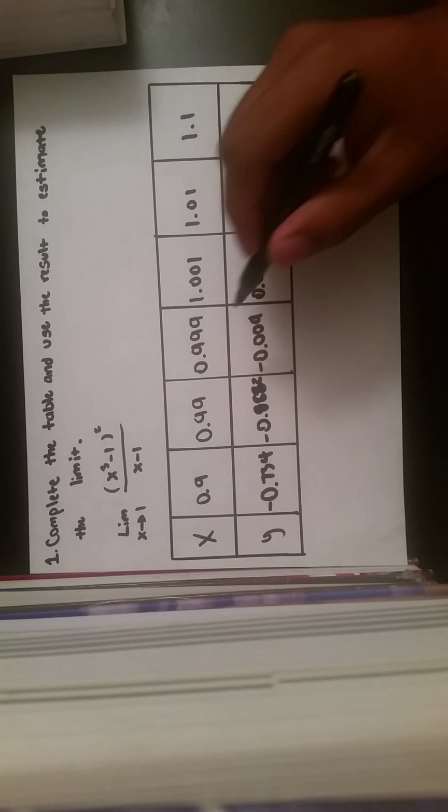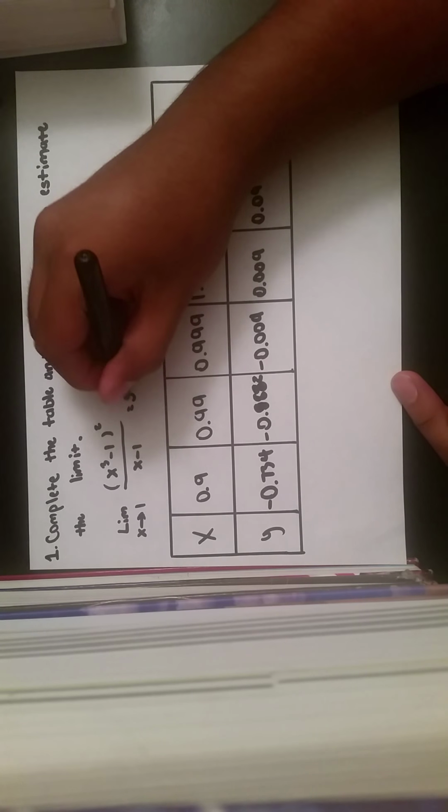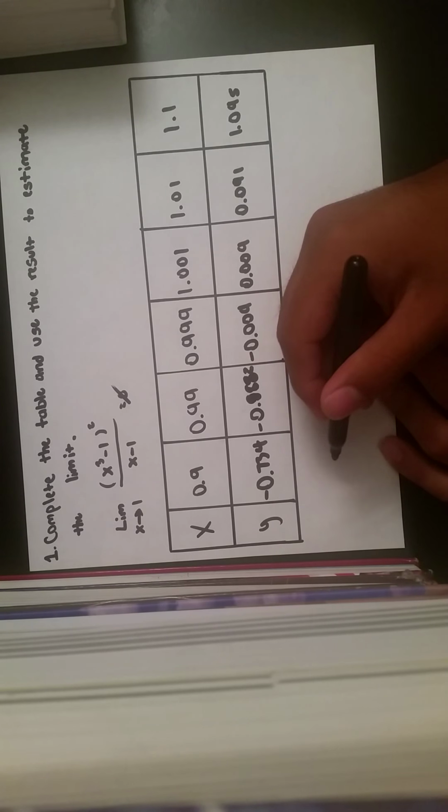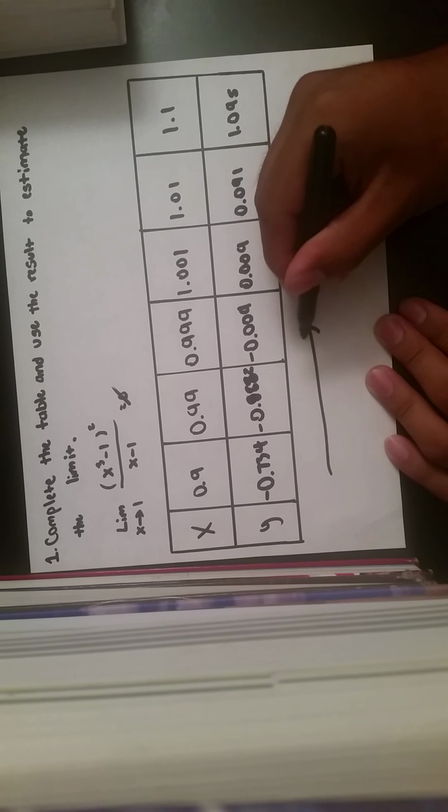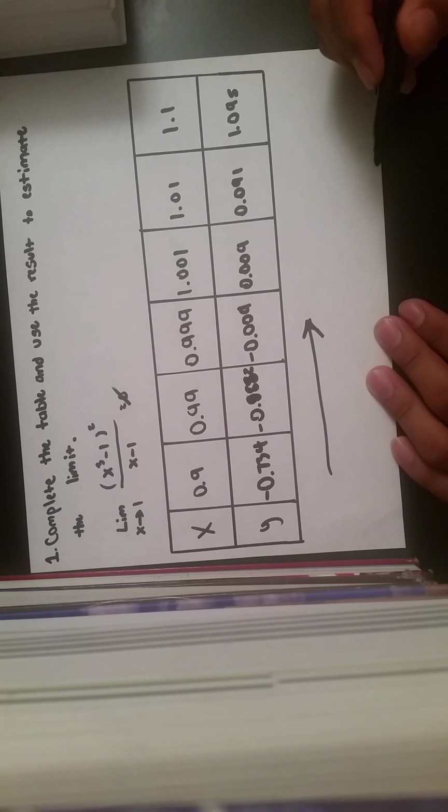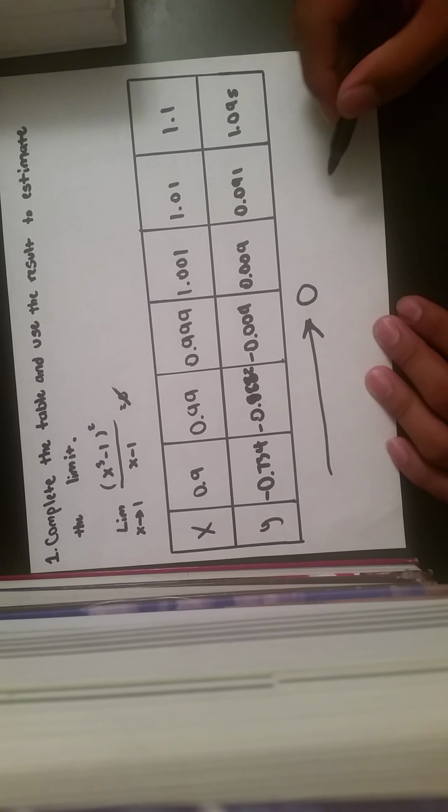Now, one of the things that you will notice is that we have a missing 1, and the reason for that is because at the point 1, we would get 1 minus 1, which equals 0, which means that would not exist. But what we do have is as we get closer and closer to 1 from the left side, we get closer and closer to 0.